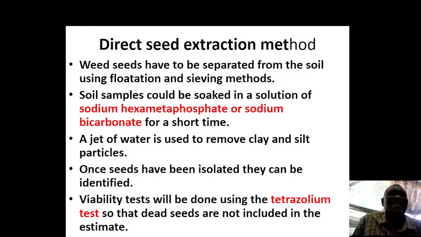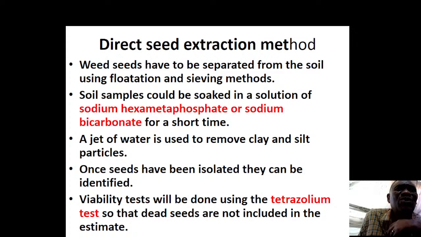This one is the difficult method, the second one, because there's a choice. This one is called the direct seed extraction method. So what you do after sampling your soils, the weed seeds have to be separated from the soil using what is known as the flotation or sieving methods. This can be a messy process.